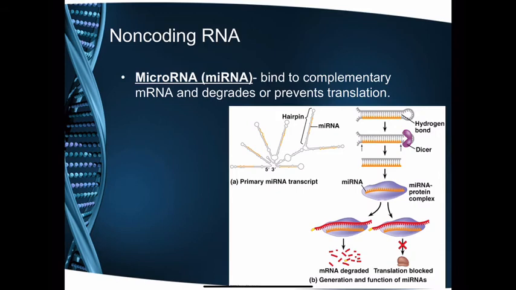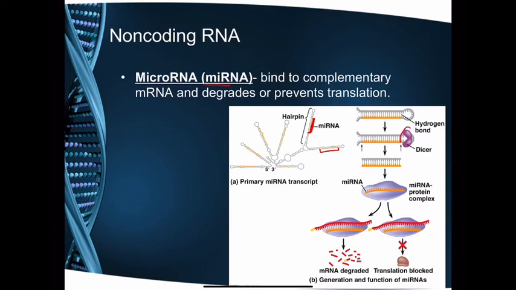One example of non-coding RNA is microRNA, abbreviated miRNA. What microRNA does is it binds to complementary mRNA and prevents translation or causes it to be degraded. So here's our mRNA, and our microRNA binds to the regular mRNA and forms this structure called a hairpin structure.